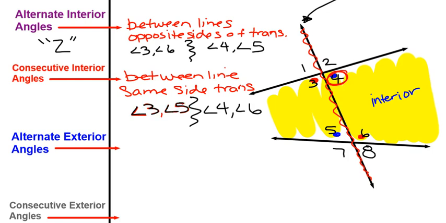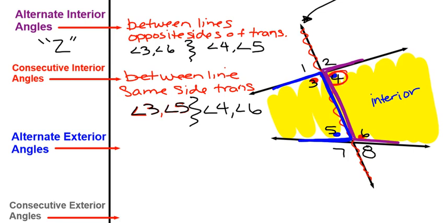Now, if I look at those two angles, do you see that little shape right there? Or do you see the sky on this side?